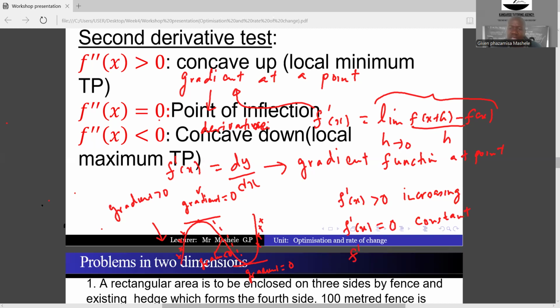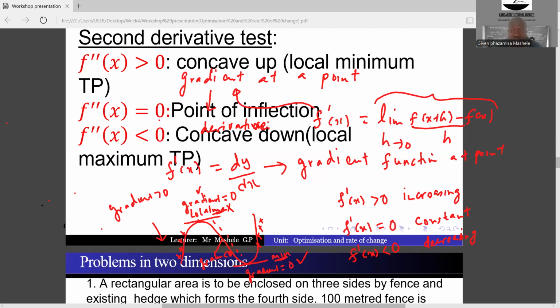If the gradient is negative, then that line is decreasing. It's a gradient function. So you must realize that on this curve, there's some part where you find the local maximum, and the other one is the minimum. At the maximum or the minimum points of any curve, the gradient is always 0.